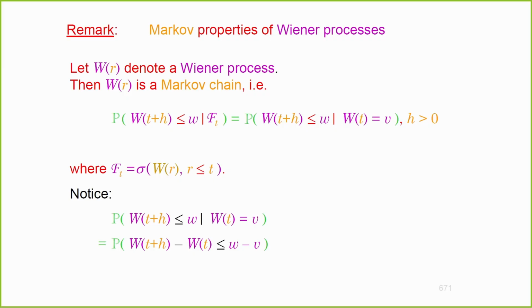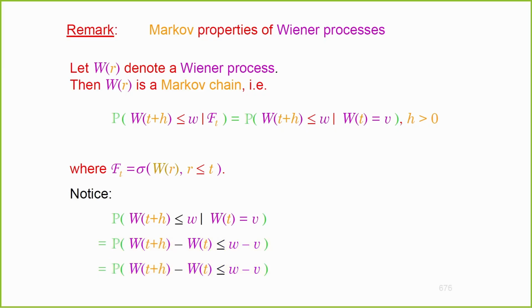This is the increment of the process at time point t plus h from time point t on. And that's degenerating to the unconditional probability that the increment is not greater than w, which was the value here, minus the constant, which is the current observation of the Wiener process. Now I would move on, just copying this expression first.